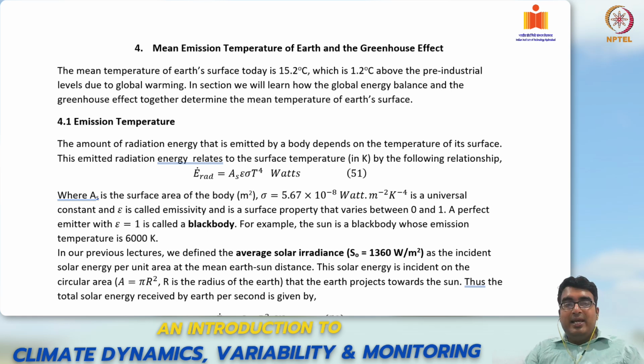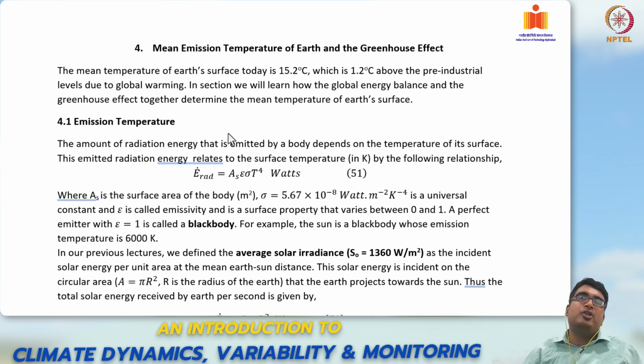Firstly, we can note that Earth's surface temperature today is about 15.2 degrees centigrade, which is about 1.2 degrees centigrade above the pre-industrial level due to global warming. And this increase is due to an imbalance in the global heat budget we will discuss. However, as we will see, this is merely the temperature of the Earth's surface, that is the air just above the Earth's surface.